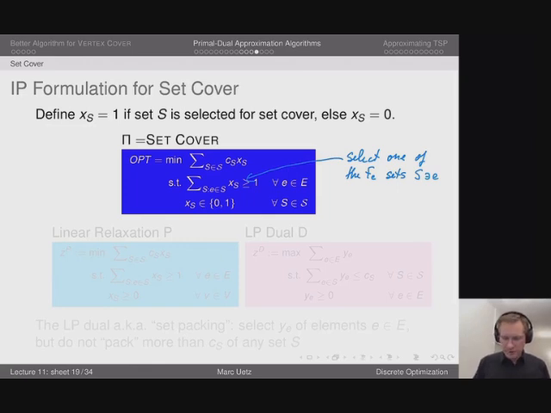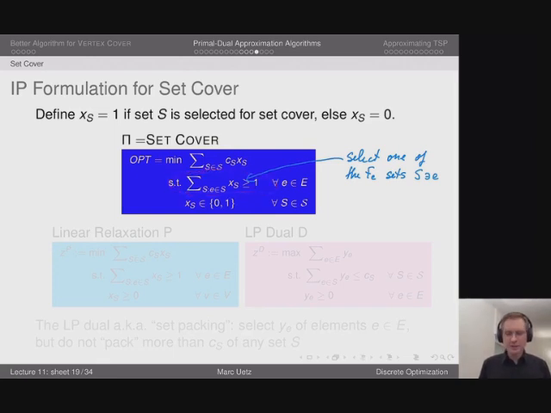So first of all, we set up an integer programming formulation of the problem. So we use variables, xs in this case, because we select subsets S, which are equal to 1 if the corresponding subset S is selected and 0 otherwise. We would like to minimize the total cost of the selected subsets S. What are the constraints?